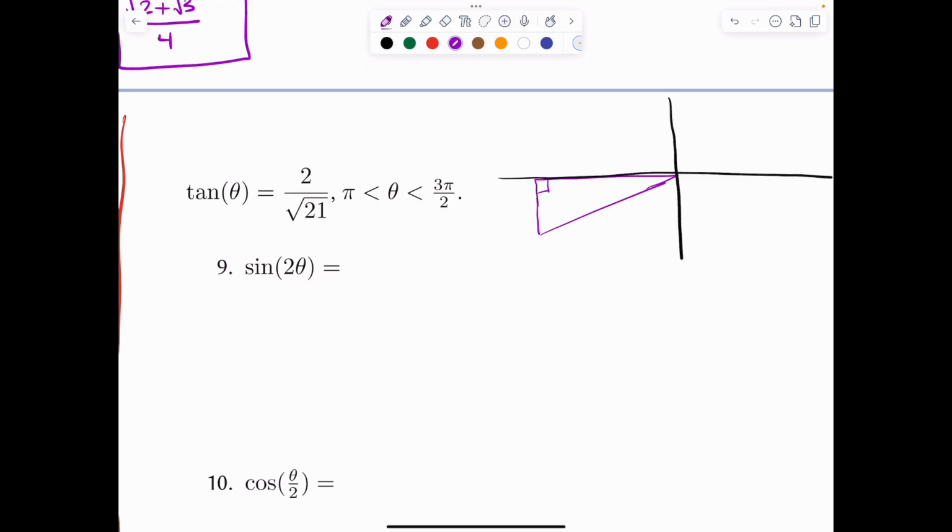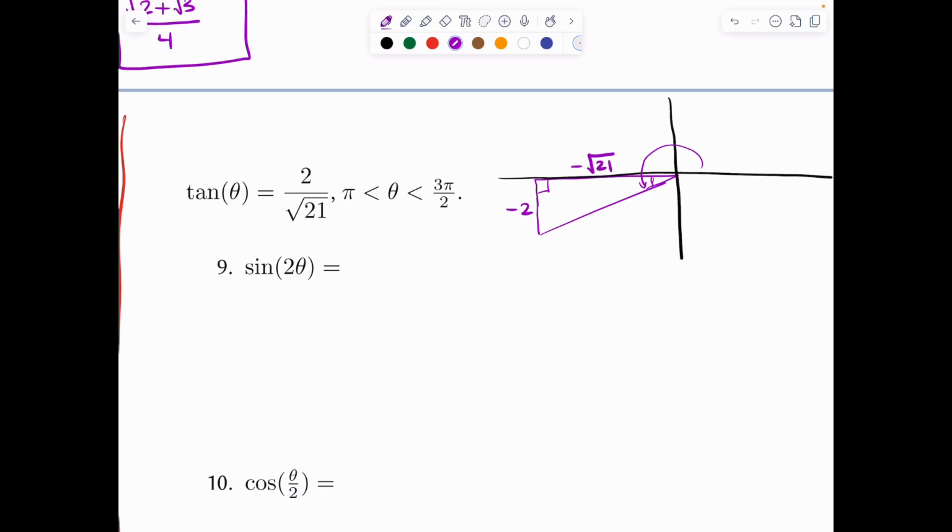The literal angle is this, but I'm using the reference angle as a stand-in to draw my triangle, this so-called reference triangle. But so the tangent is 2 over radical 21. That's opposite over adjacent. But because you're in the third quadrant, both of those will be negative numbers. So opposite, negative 2, adjacent, negative radical 21.